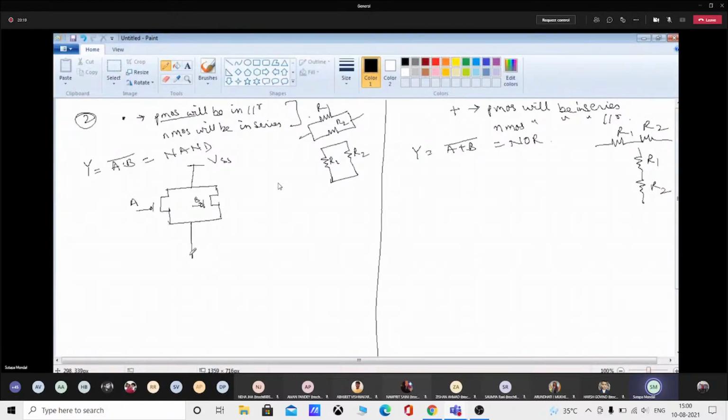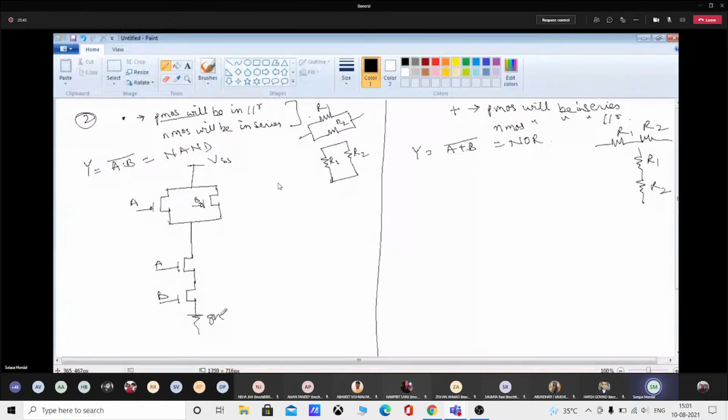Okay? So now here what we are doing? We are making an NMOS. This is for A and again an NMOS. This is for B. So can you see, dear students, both are in series? Both PMOS are in parallel, both NMOS are in series. Okay. Now we'll make it as ground here.